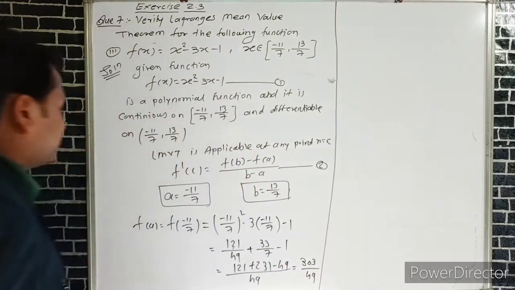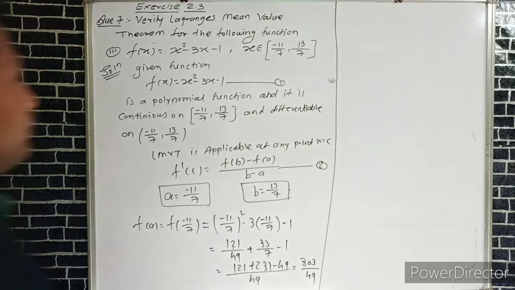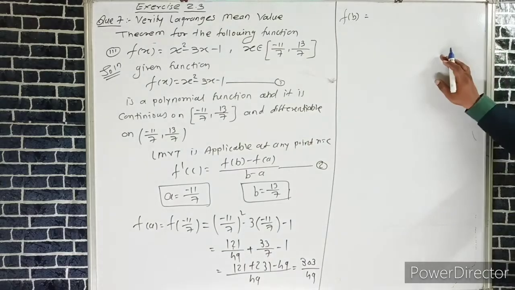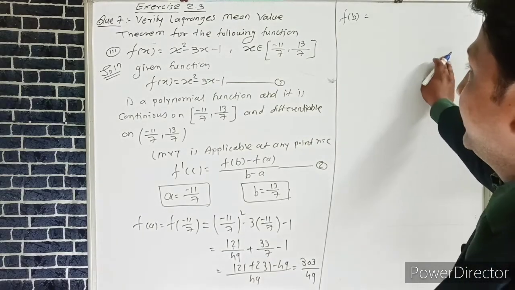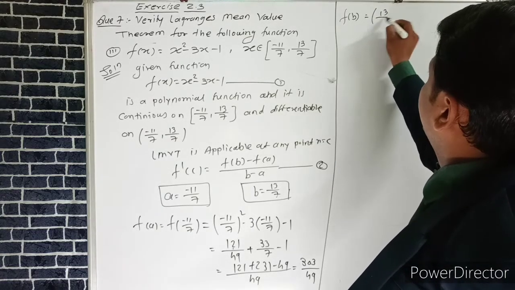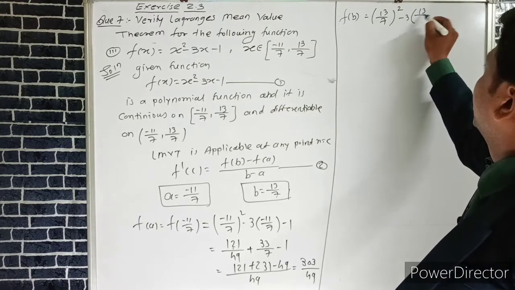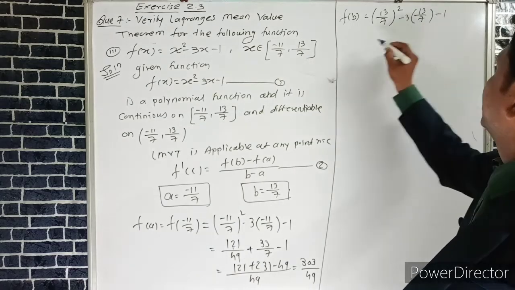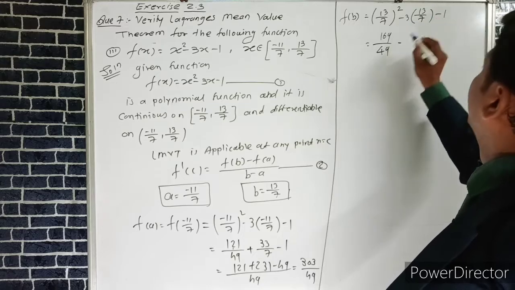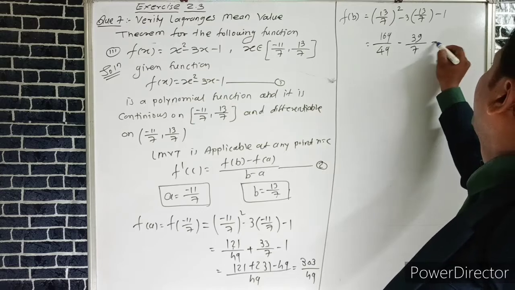303 upon 49. Now we have to calculate again the value of f of b, where b is 13 by 7. We can write 13 by 7 bracket square minus 3 into 13 by 7 minus 1. The square of 13 is 169 upon 49, minus 13 into 3, 39 upon 7, minus 1.